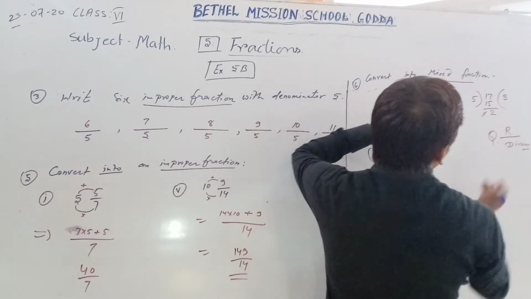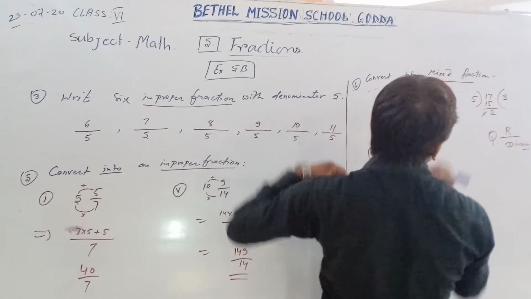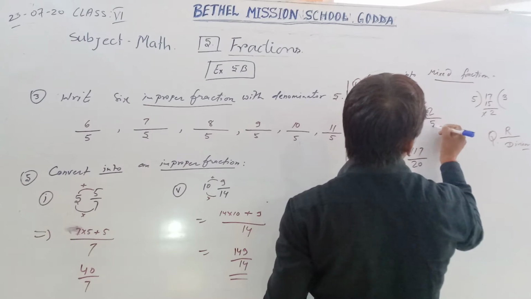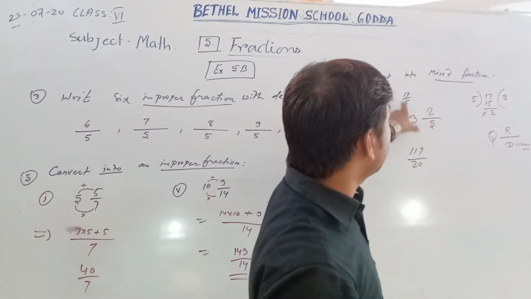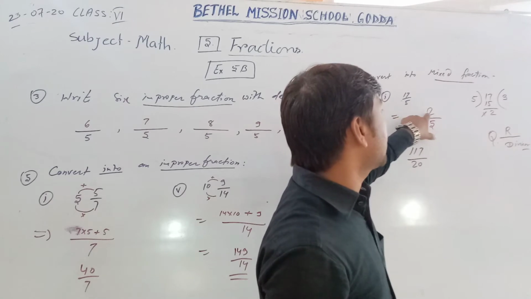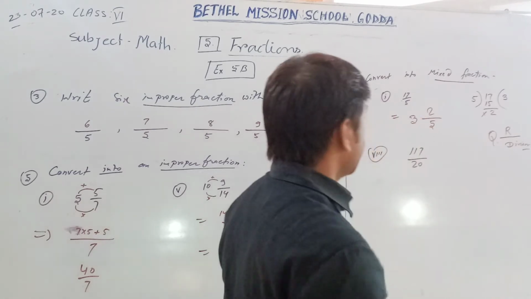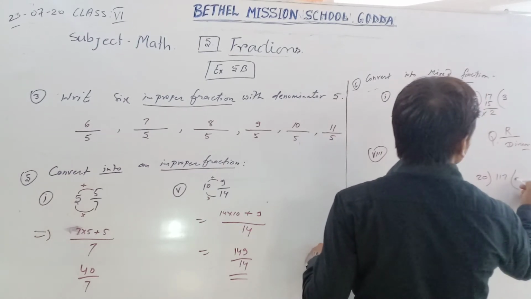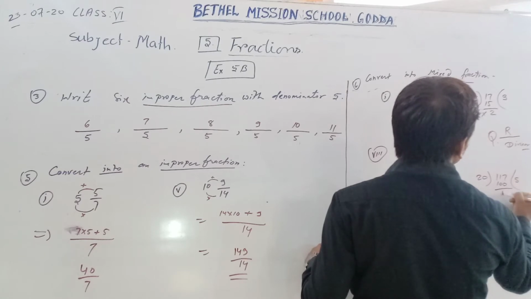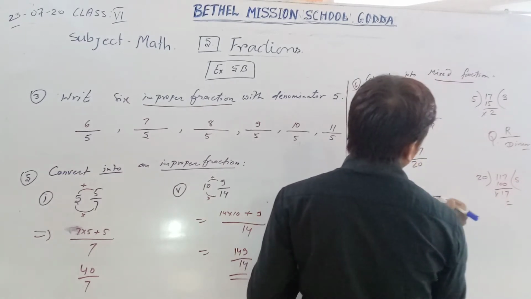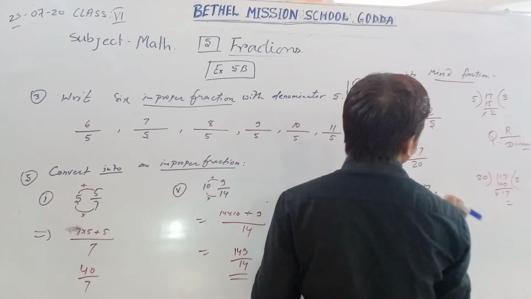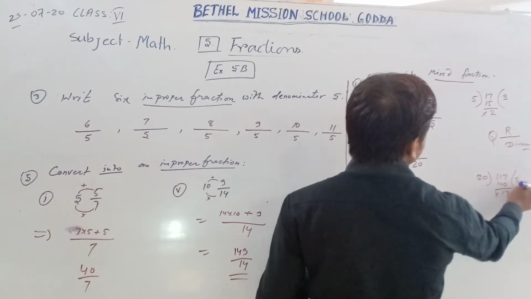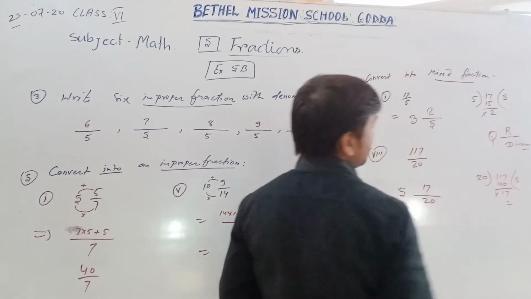The quotient is 3, the remainder is 2, and the divisor is 5. Similarly, do the same with the next one: dividing by 20, the quotient is 5, and the remainder we write on top with the divisor 20.